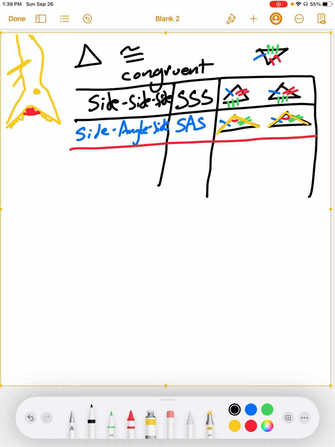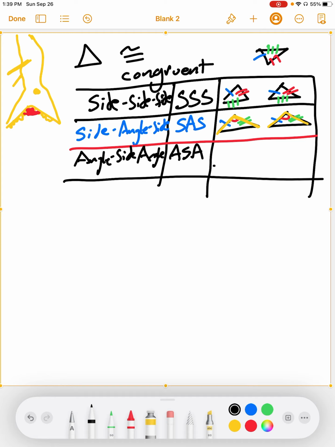Okay, and we also have angle, side, angle. Okay, so angle, side, angle, and I'll draw one upside down just to show it doesn't have to be the same orientation. Angle, side, angle, they have to be right in a row.